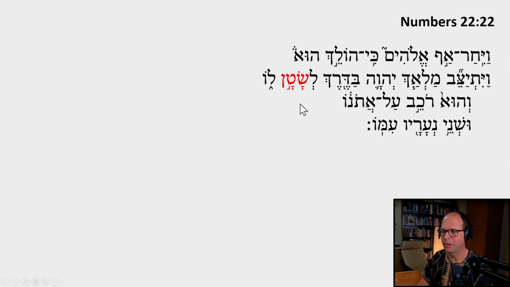Is the Malach Adonai going to be an accuser at this point of Balaam? No, he's there to oppose him, to keep him from going, to turn him around. V'hu rochev al atono, and he was riding on his donkey. This is Balaam. Ushnei ne'arav imo, and two of his servants with him.